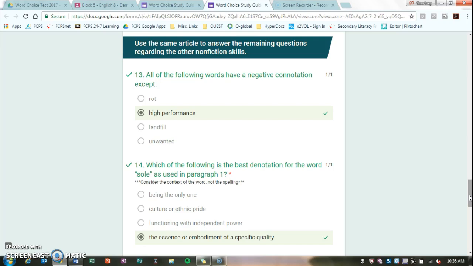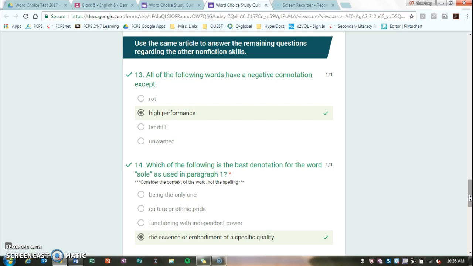Number 14, which of the following is the best denotation for the word soul as used in paragraph 1? This writing was kind of a pun on the word. They used the word sole, S-O-L-E, in the sense of the bottom of a shoe, the sole of a shoe.